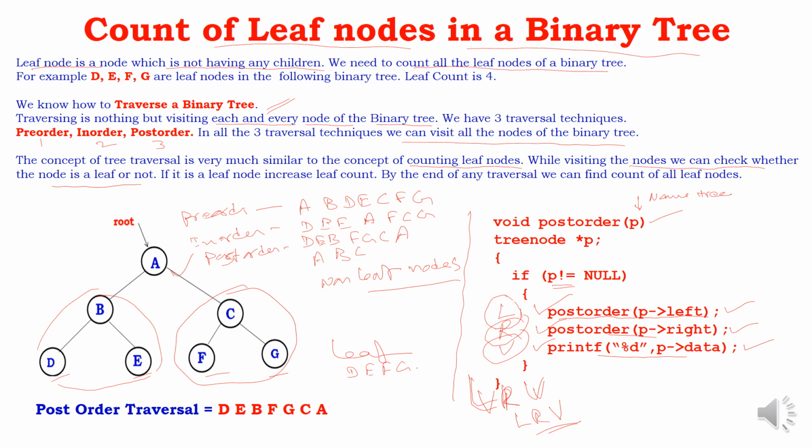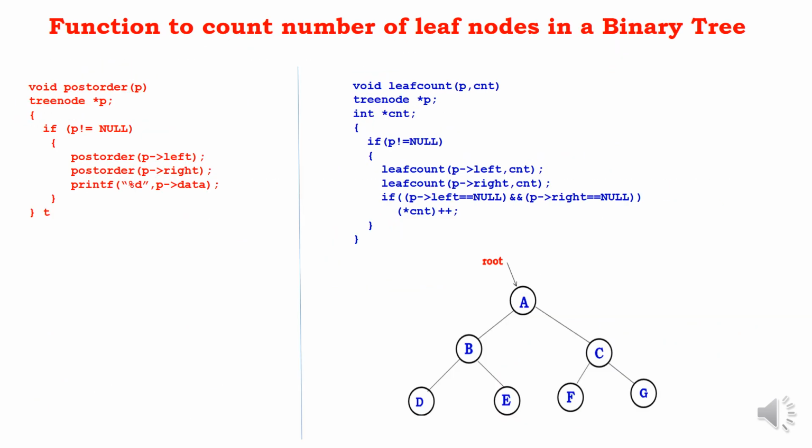Now this concept is used to count the number of leaf nodes of a binary tree. Let us write the function to count the number of leaf nodes in a binary tree. Counting the number of leaf nodes is similar to traversal of a binary tree. There are three different traversals: pre-order, in-order, post-order. For example, let us consider post-order traversal as a reference.